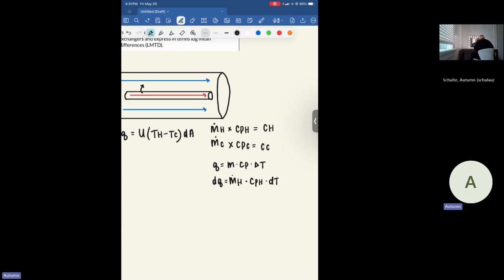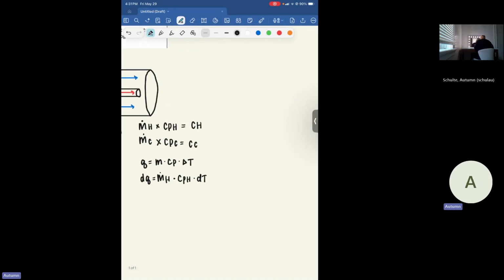And now what we said was that our mass flow rate multiplied by that heat capacity is equal to the mass flow rate heat capacity. So we can change this to be the derivative of our heat flow is equal to the mass flow rate heat capacity of our hot stream multiplied by the change in temperature of our hot stream.